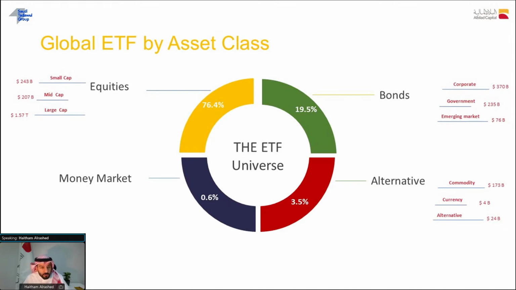That shows how the concentration in equities takes the large stake of the asset classes of ETFs. That totally makes sense due to what ETFs can offer of different strategies for equities compared to other asset classes.